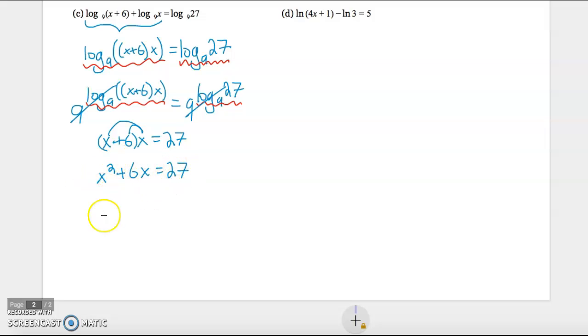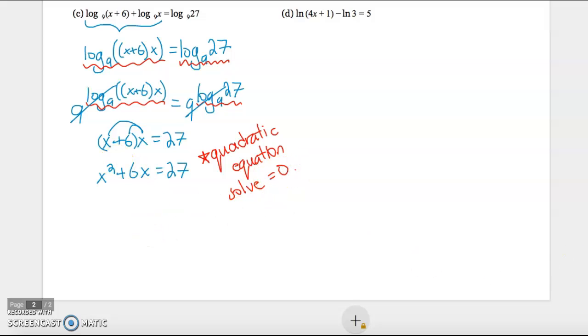And now I have a quadratic equation that I have to solve. And how do we solve quadratic equations? We get them set equal to 0. So maybe make a little note for yourself: solve by equaling 0.